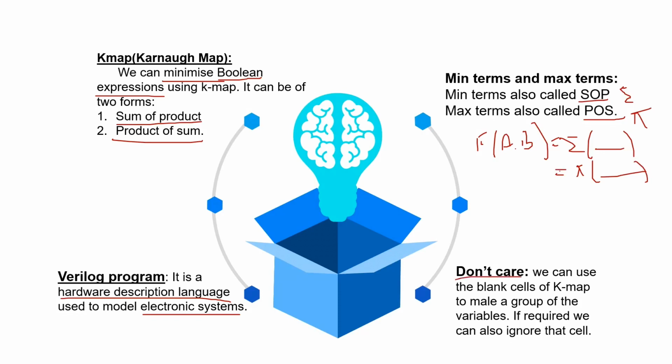We will be using don't care in this question to solve it. We can use the blank cells which are present in K-map to solve the problem. We can group it, and if required, we can also ignore that cell. This is what don't care means.